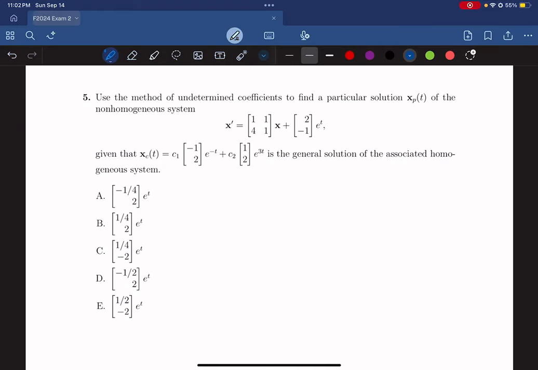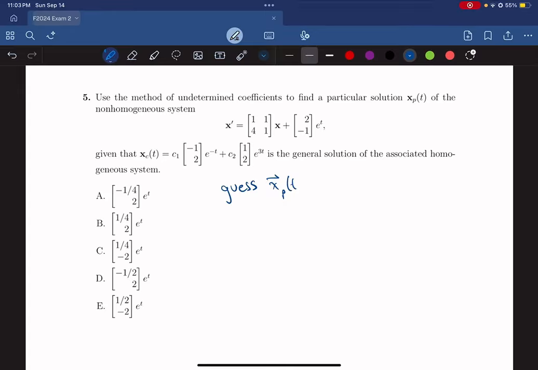So if this thing wasn't there, if it was just this part, then our solution would look like that. But now we have to find the particular part of the solution. So the way we're going to start with this one is we're going to guess our particular solution based on the form.